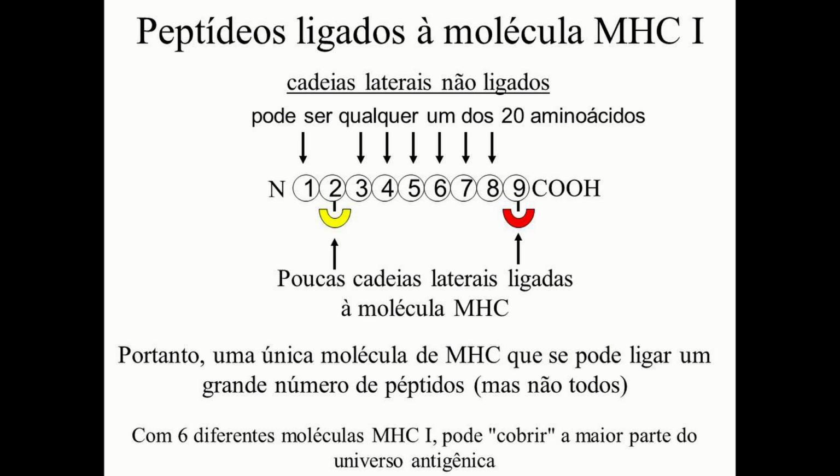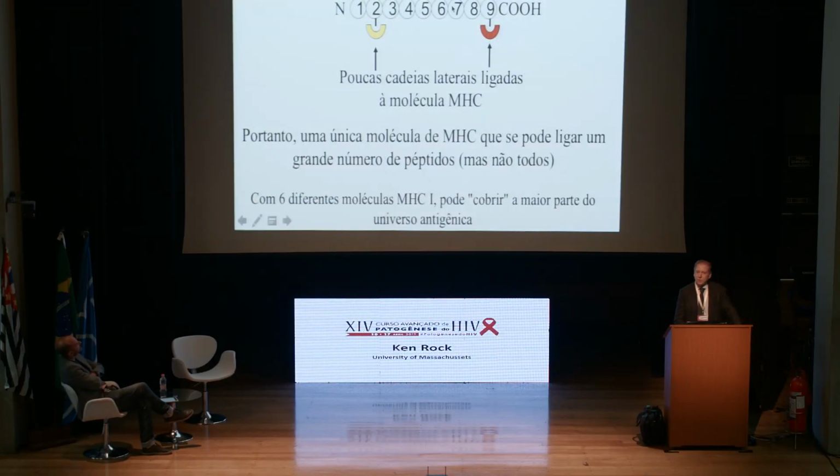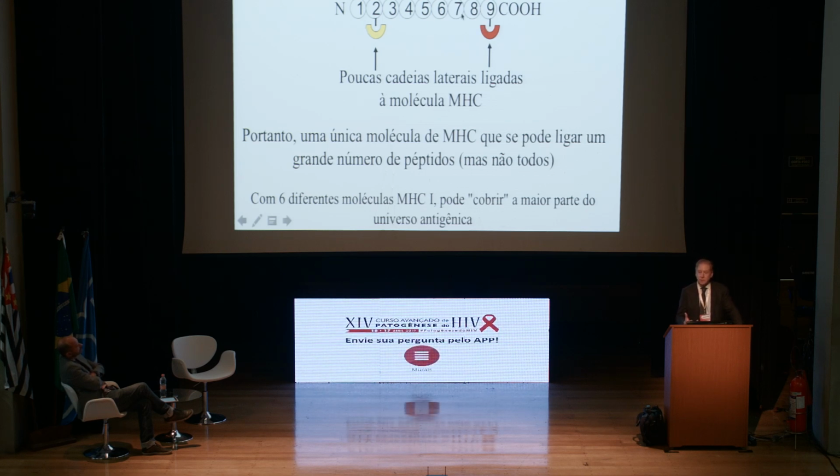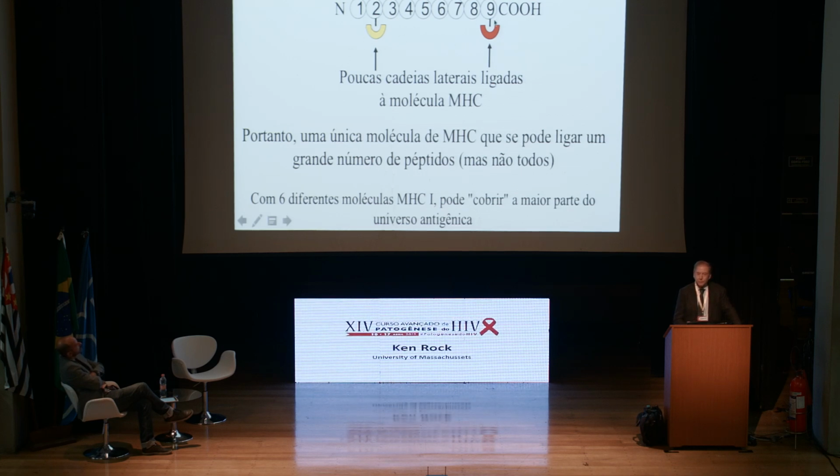Typically there are a couple of pockets that bind side chains, frequently the 2nd position and the 9th position, and only a couple of amino acids would fit those particular pockets. But all of the other residues that aren't binding into those pockets can vary between all 20 amino acids. And so that means that a single Class I molecule can bind a very large number of peptides, but not all, because it needs a couple of specific side chains here.